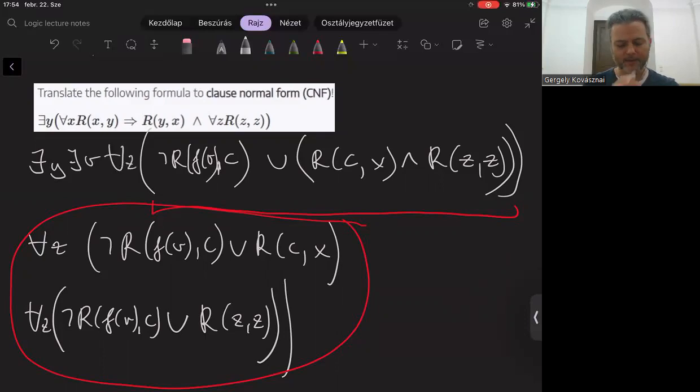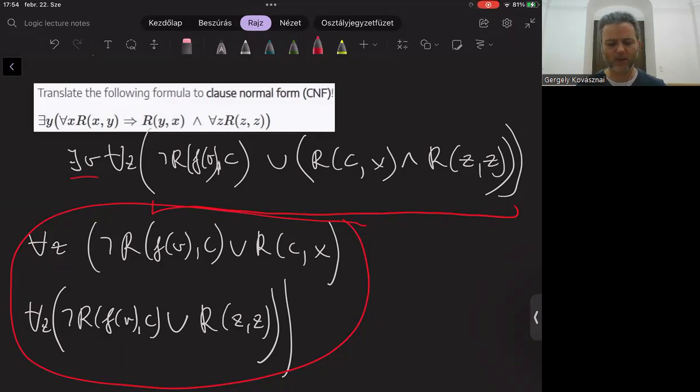Exactly. And what I want to show you is that in this case, when we eliminate those quantifiers, especially when we eliminate exists v, which is now in front of for all z, we could introduce another Skolem constant.